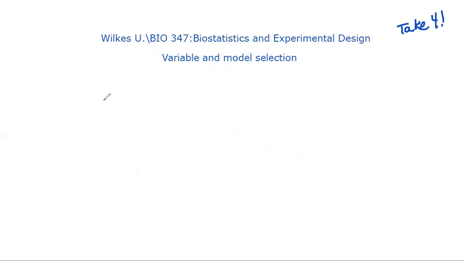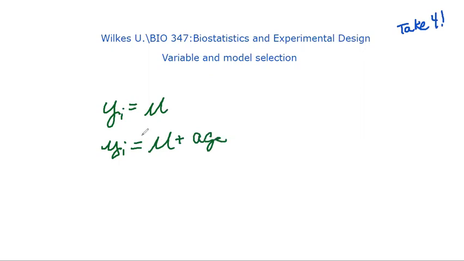You want to know your survivorship, which we're just going to call Y. We have our intercept, and here we have our intercept plus age.